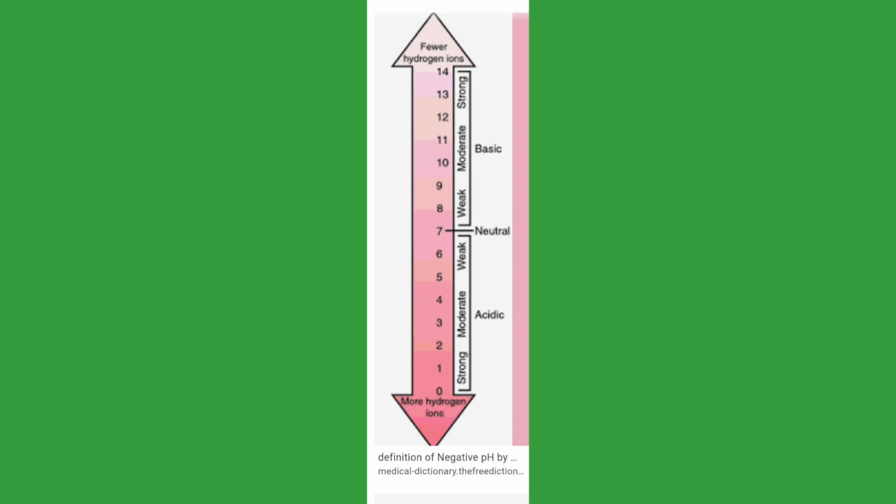It means more hydrogen ions means a very strong acid. Fewer hydrogen ions means the substance is alkaline in nature, right?